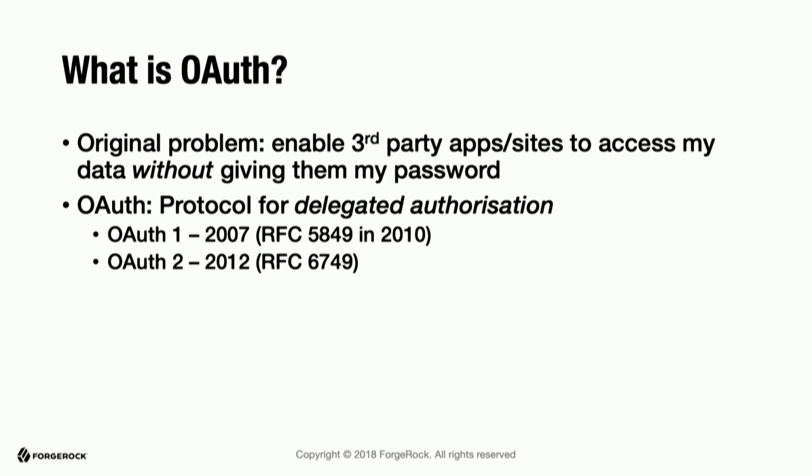OAuth 1 first came out around 2007 and wasn't standardized until 3 years later. OAuth 2, which we're going to talk about in this talk, is the current version, which was standardized in 2012, so still quite a while ago, over 6 years ago now. And now there are tons of extensions to OAuth 2.